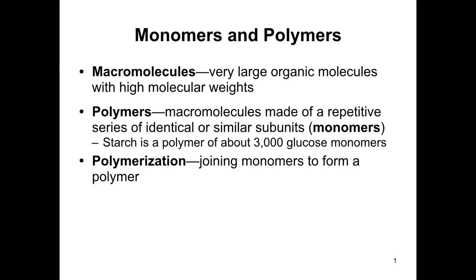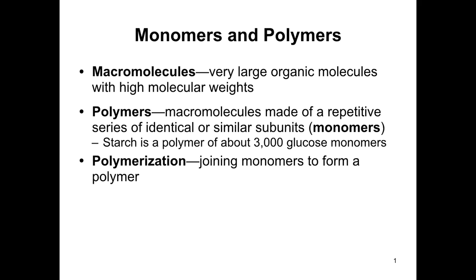Polymers are repeated sequences made with a repetitive series of identical or similar, typically similar, subunits called monomers. These all have a similar basic structure, but will have different functional groups hanging off of them.